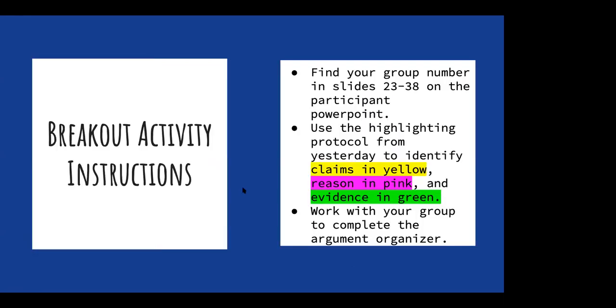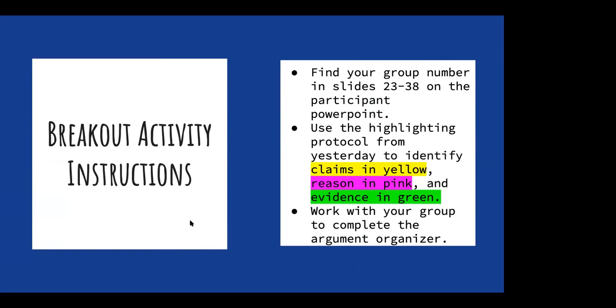All right, we're going to move into breakouts. And when you get into your breakouts, you will find your group number on this participant slide starting with 23 through 38. Once there, you will find the transcript from what we just watched. And I want you to follow the same protocol that we did yesterday.